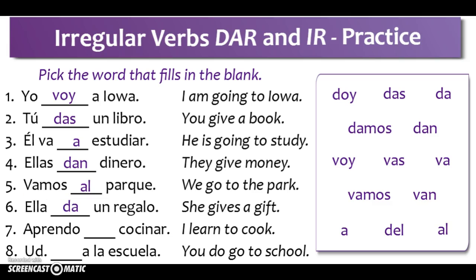She gives a gift. I learn to cook. Aprendo a cocinar. Again, just the preposition in between our two verbs. And lastly, you do go to school. Usted va a la escuela. Muy bien. Well done.